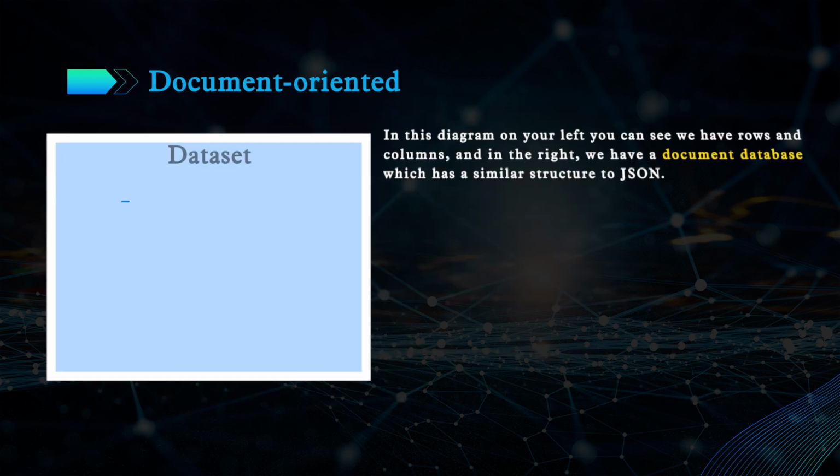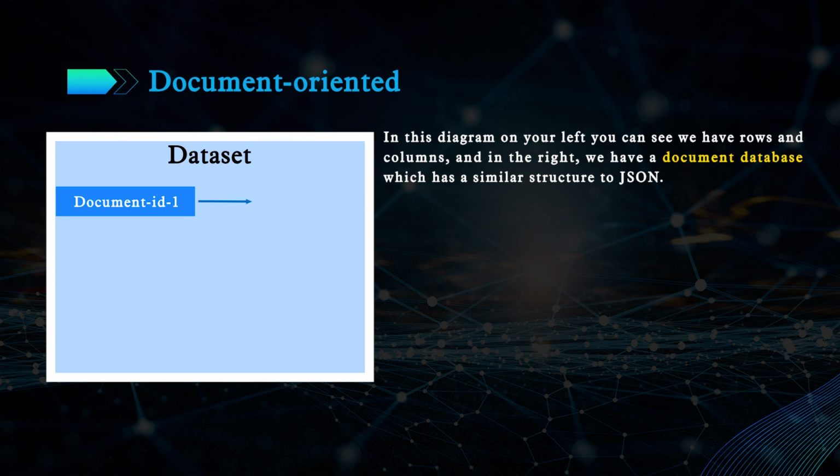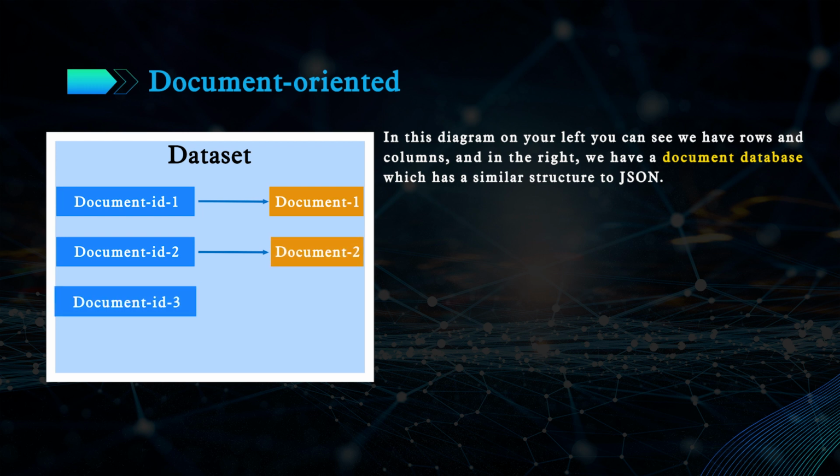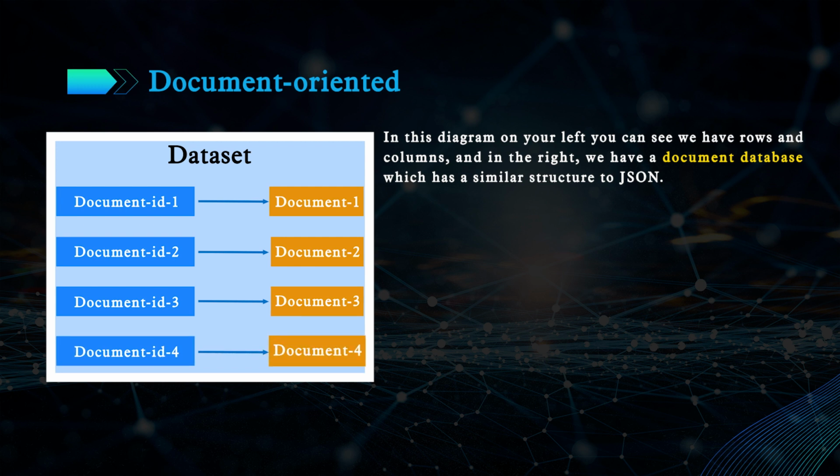In this diagram, on your left, you can see we have rows and columns, and on the right, we have a document database which has a structure similar to JSON. For the relational database, you must know what columns you have and so on. However, for a document database, you have data stored like a JSON object.